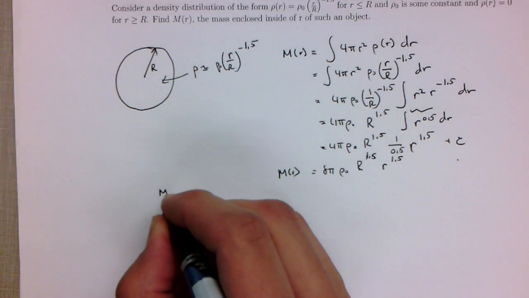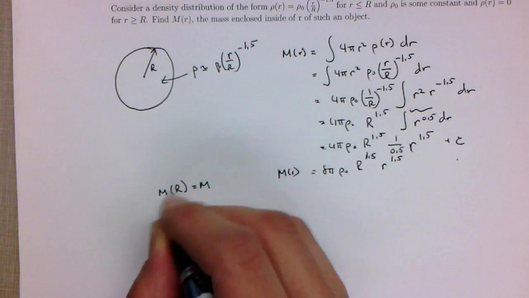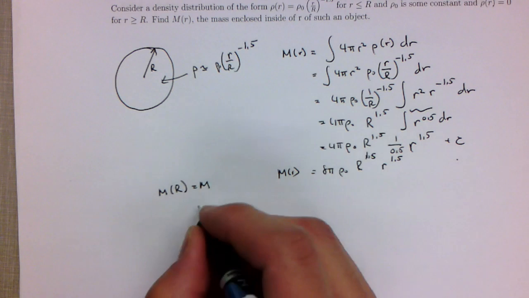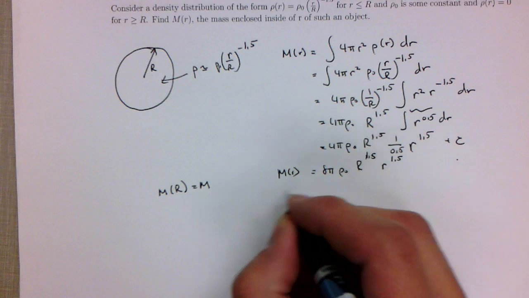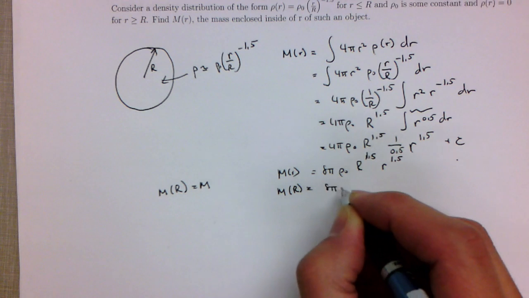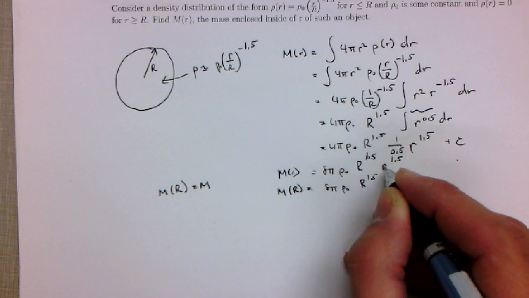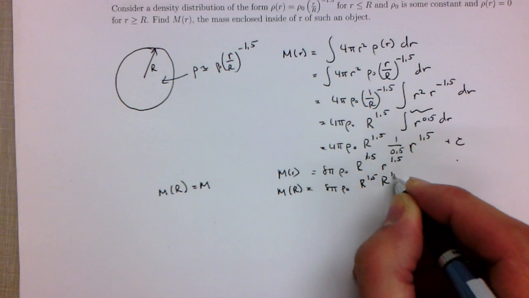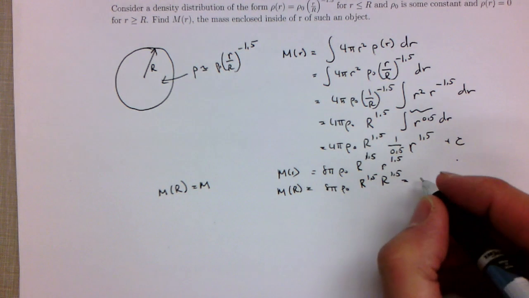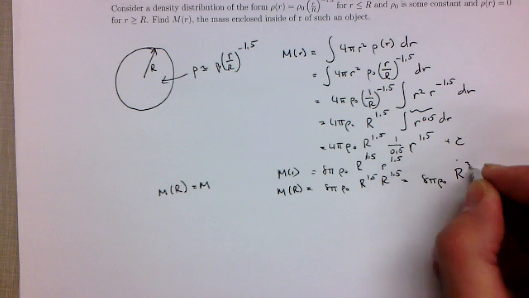Suppose at M(R), we set this equal to M, wherever that M might be. So M(r) is going to be 8 pi rho 0 R to the 1.5 times r to the 1.5. Now this r becomes capital R to the 1.5 again, which you can rewrite as something very simple: 8 pi rho 0 R cubed.